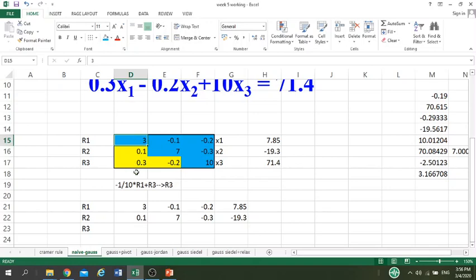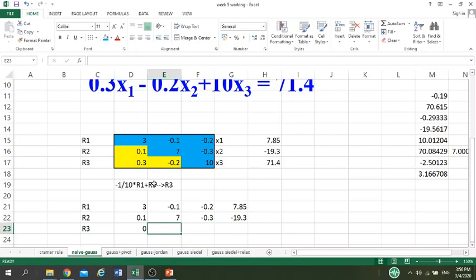So when we add this up, row 1 value with row 3, which is positive 0.3, we will get 0. Okay, so next we have to do this for each number in each column of row 3.